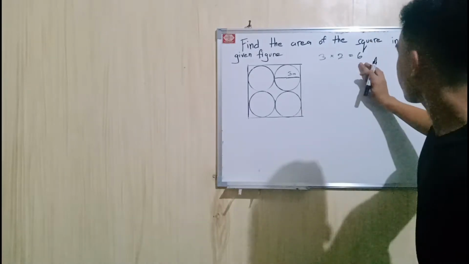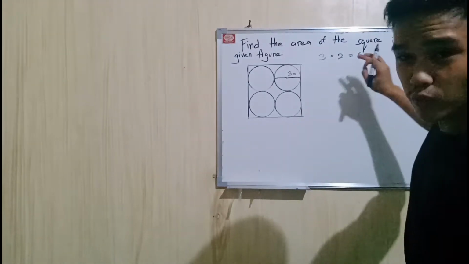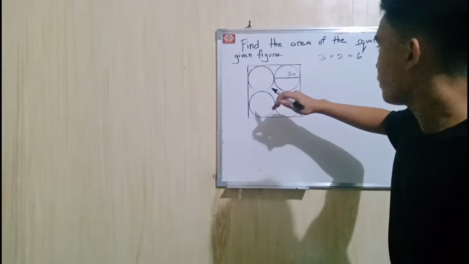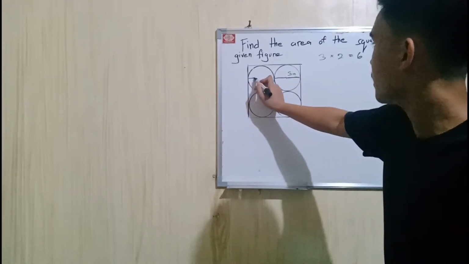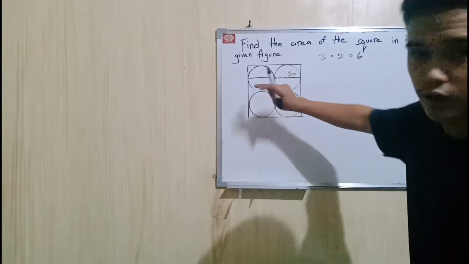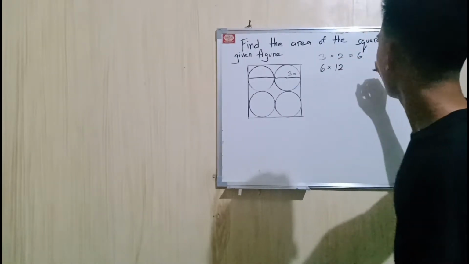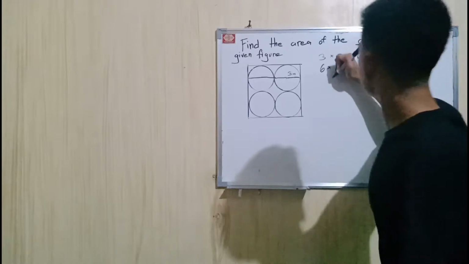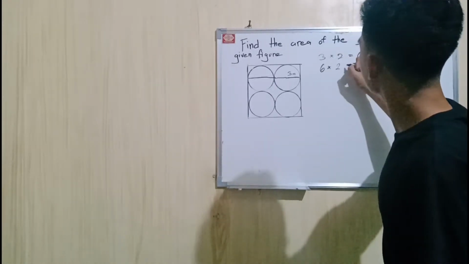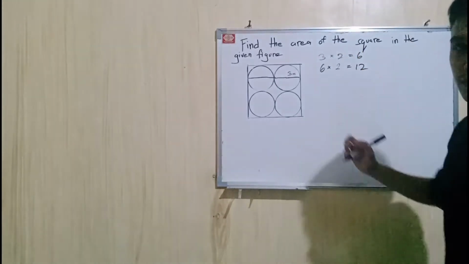Then we will multiply 6 by 2 again, so we can get this portion also. So 6 times 2 will be 12.